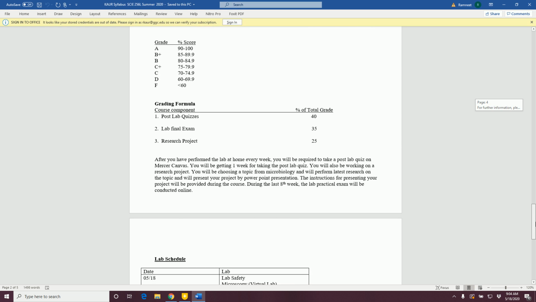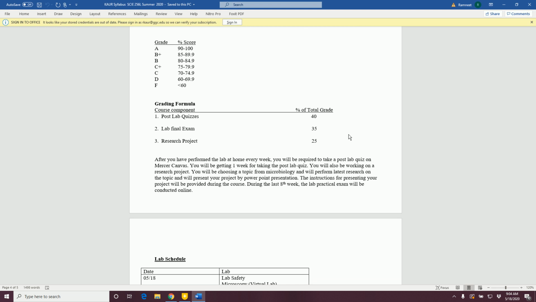As I said, you are going to order the Carolina kit, and all the stuff you need to perform the experiments will be there in the kit, and you will be performing experiments at home. You will be required to make a designated, separate area in your home for performing these experiments, because these are microbiology experiments and they involve microorganisms.